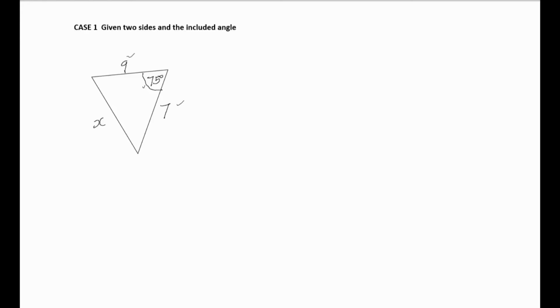So using the rule, we are going to say x squared is equal to 9 squared plus 7 squared minus 2 times 9 times 7 cosine of 75 degrees. I will go ahead and evaluate that.